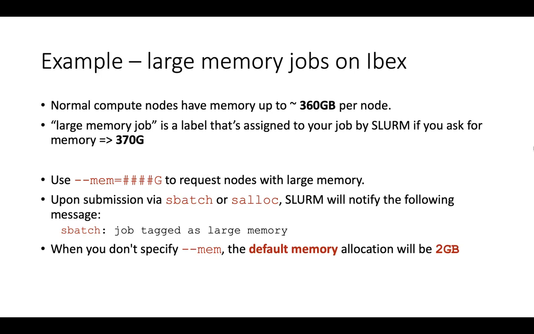Upon successful submission, the job will be tagged by SLURM as a large memory job. Note that if memory is not explicitly added to SLURM directives using --mem, the scheduler will allocate a default memory of 2 gigabytes for each core requested.